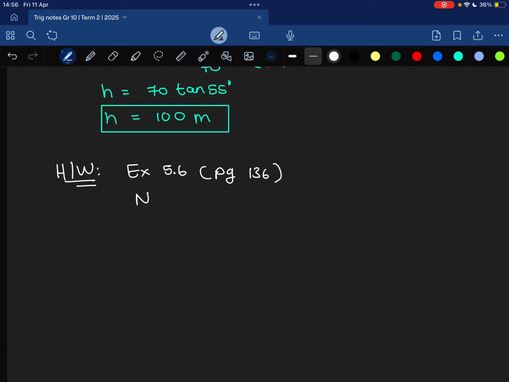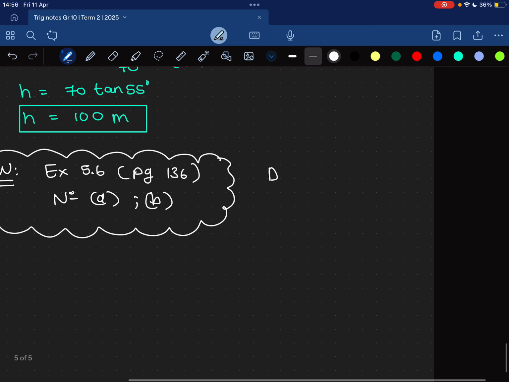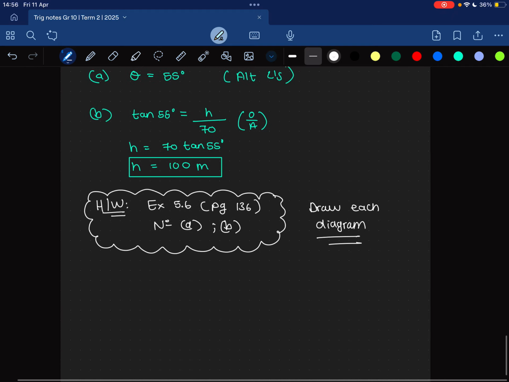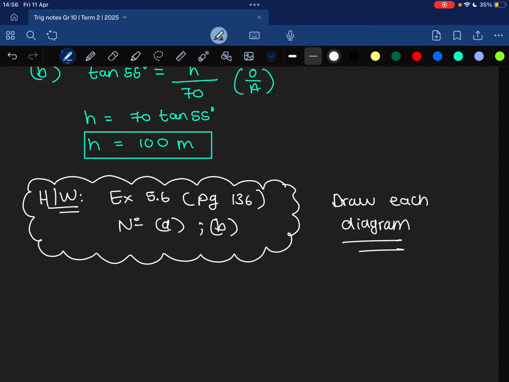All I want you to do is just number A and number B. Okay, make sure that you draw each diagram for the questions. Okay, it doesn't help to not have the diagram. Okay, grade 10s, so I hope that it makes sense and I hope that you are practicing, and I will then see you on the next one.